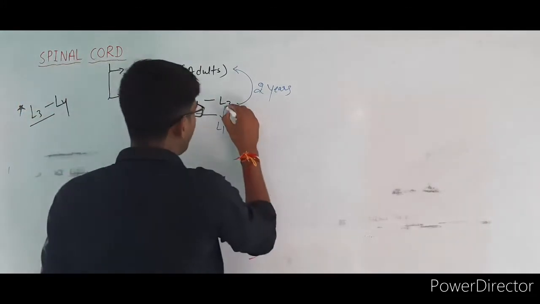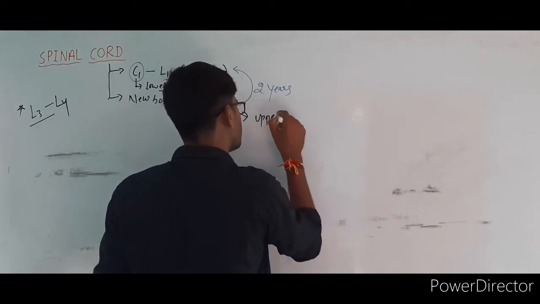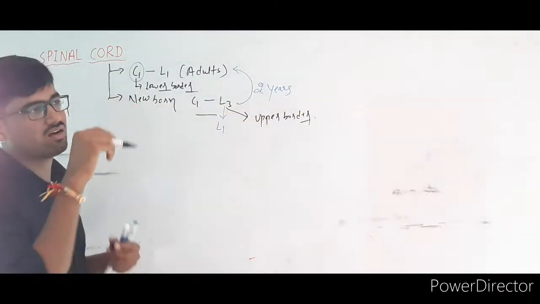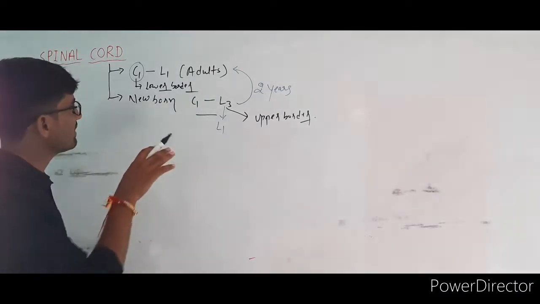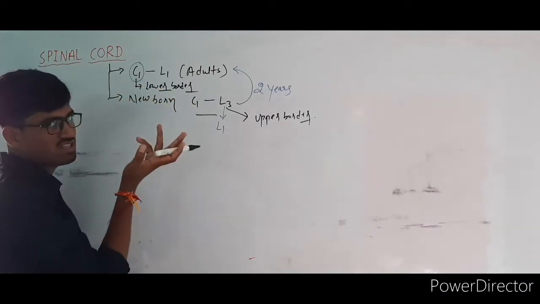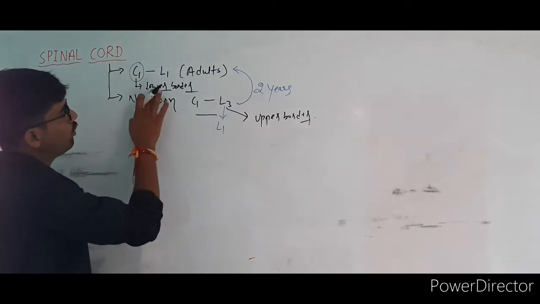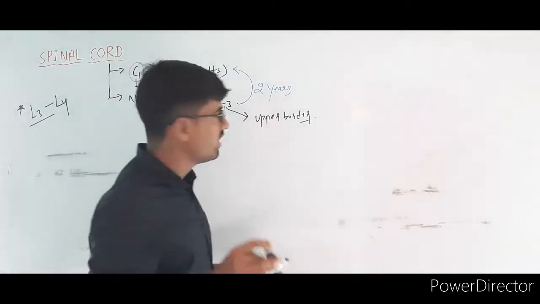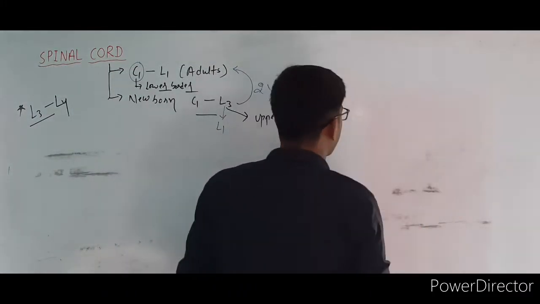And this in the adults, L3, upper border or lower border? It's the upper border. Nowadays in the PG entrance exam, they are asking like this: lower border of C1, upper border of C1. So remember, it is from the lower border of C1 up to the upper border of L3. Here I am going to draw one spinal cord diagram.